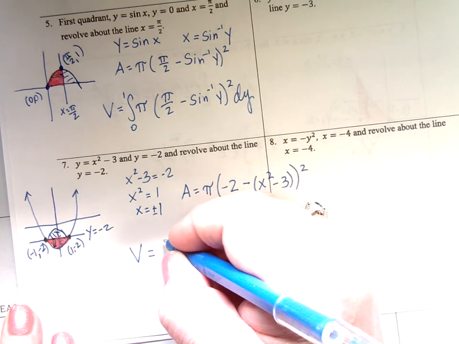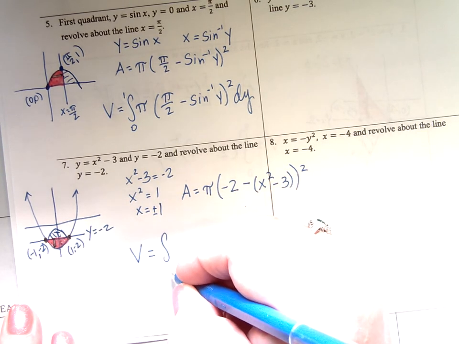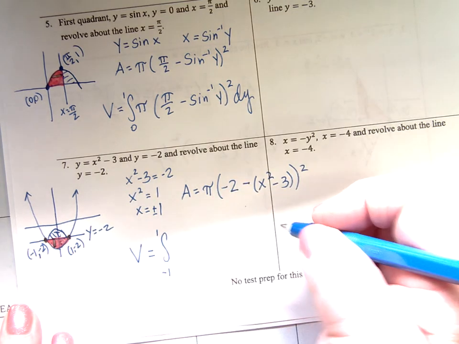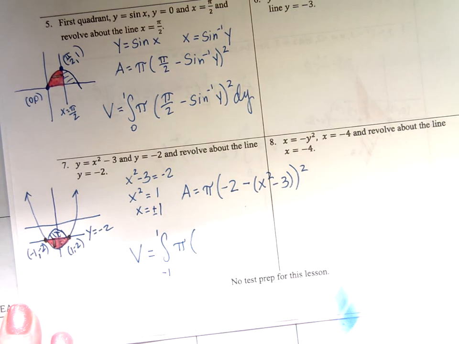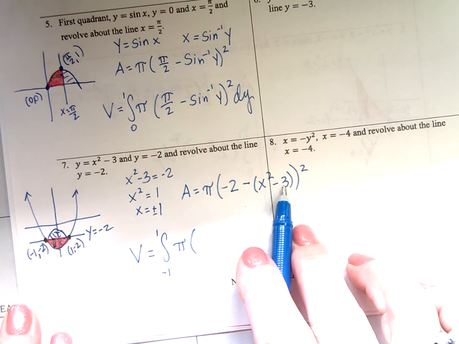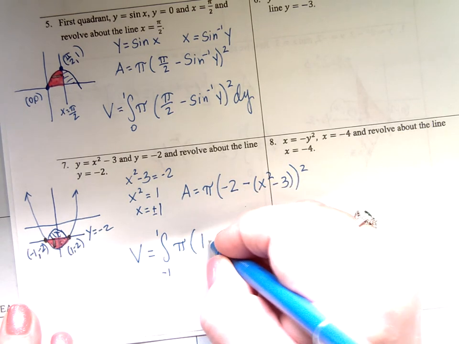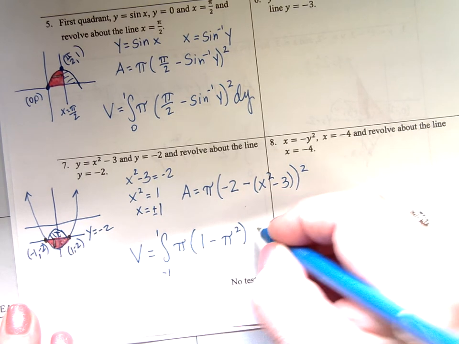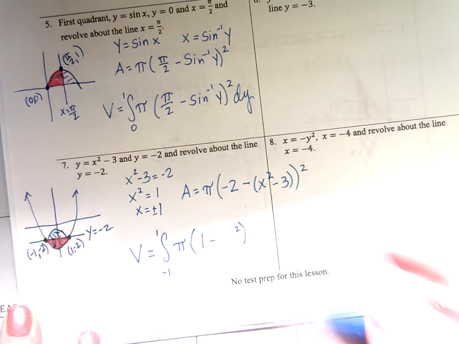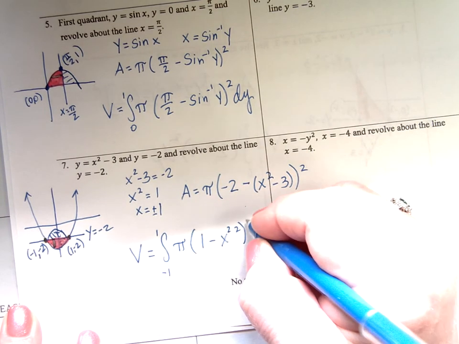I have the integral going from -1 to 1, and I am pi. And then I have -2, but this is a -3, so that's +3, gives me a 1, minus x squared, or I'm sorry, x squared, not pi squared. x squared, squared, dx.